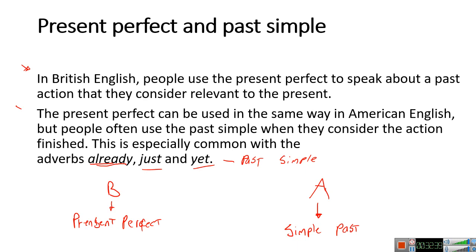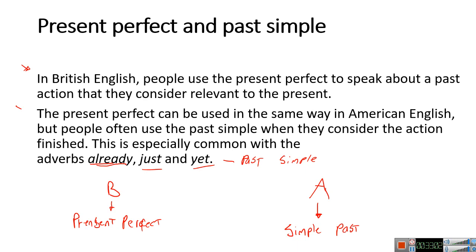The second paragraph says the present perfect can be used the same way in American English, but people often use the past simple when they consider the action finished. This is especially common with the words already, just, and yet.